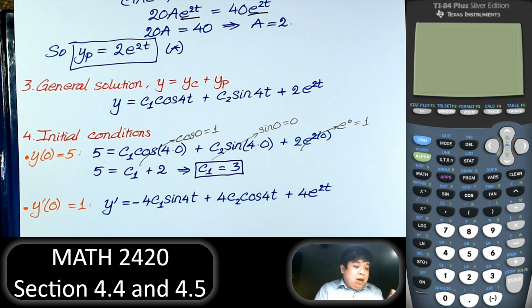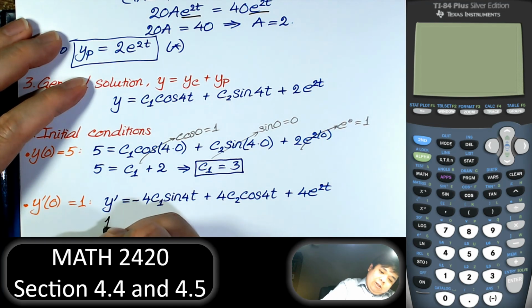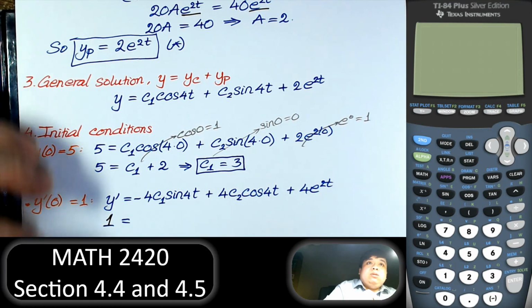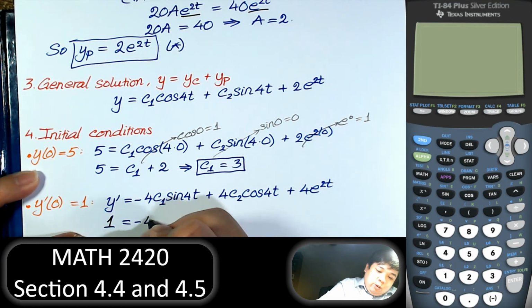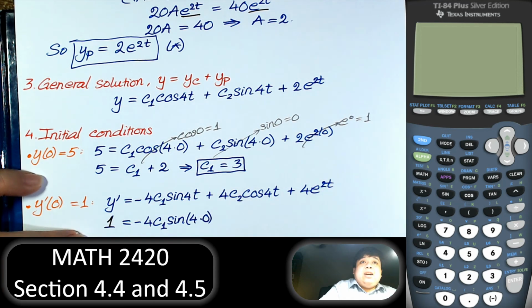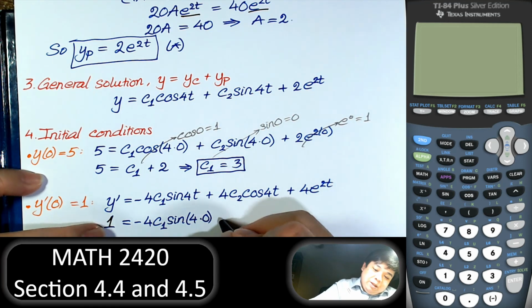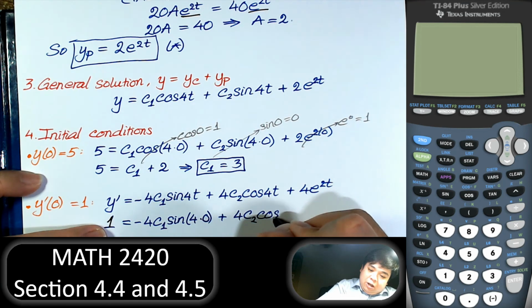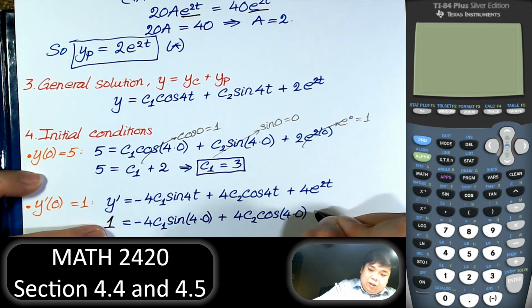Now, after that, we put in 0 for t and make that equal to 1. Negative 4 C1. We know C1 is 3 though. Sine of 4 times 0 doesn't matter because sine of 0 is 0. Then 4 times C2 cosine of 4 times 0, plus 4 e to the 0 times 2.